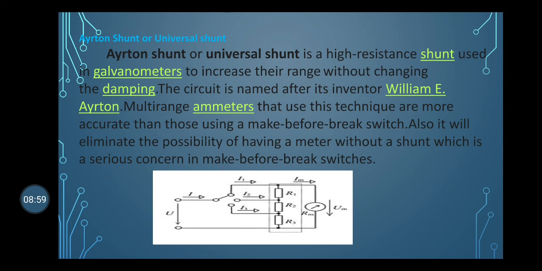The Ayrton shunt or universal shunt is the high resistance shunt used in a galvanometer to increase its range without changing the damping.